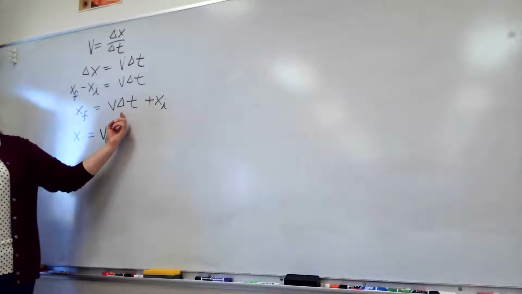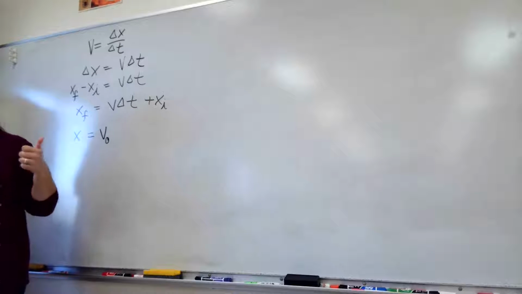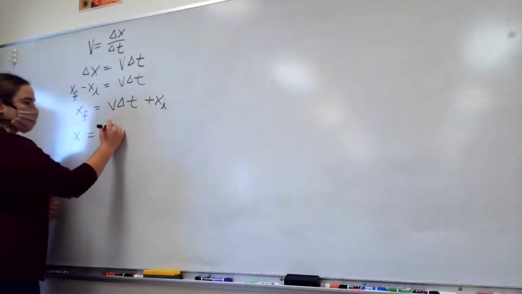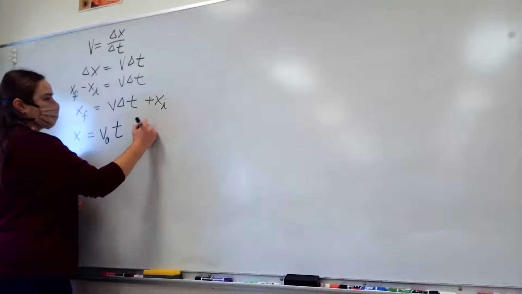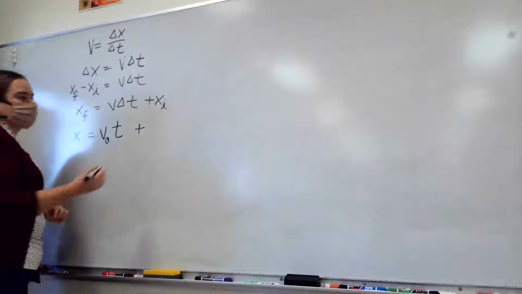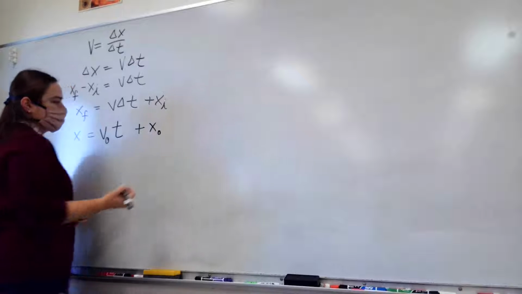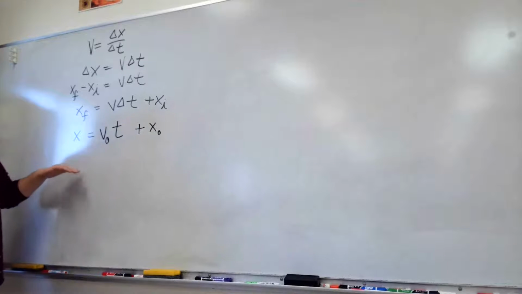Okay, so we're going to drop the delta. Just know that that is the period of time you are accelerating for. Okay? So we've got v naught t. And then we're going to do the same thing with this. We're going to drop the i and put that little 0 there. Good? Okay.